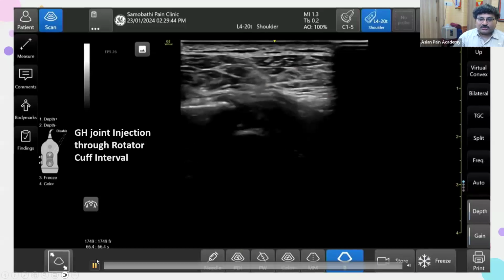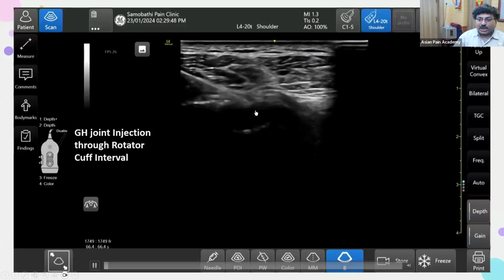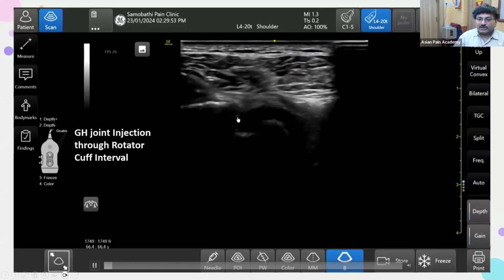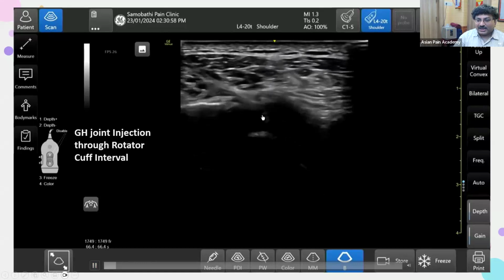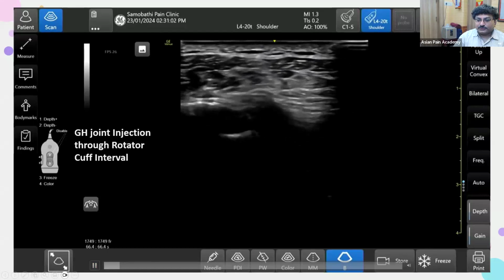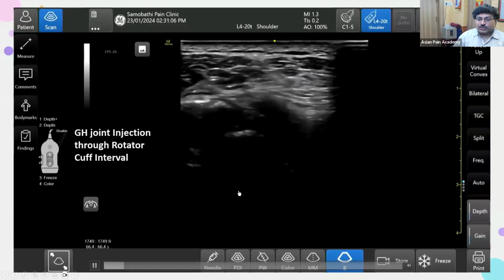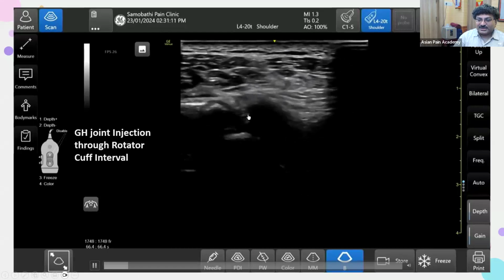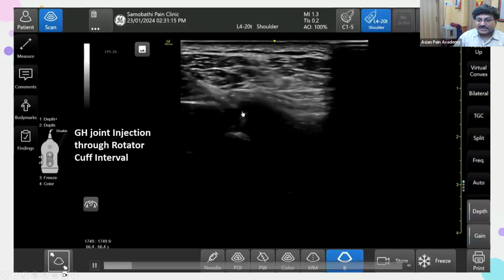So how is the needle injected? Here you can see we are putting the needle close to the biceps tendon. The biceps tendon is at this point. It depends on the steepness. It is comparatively steep, so we cannot see the needle that well, but we have to put it just by the side.